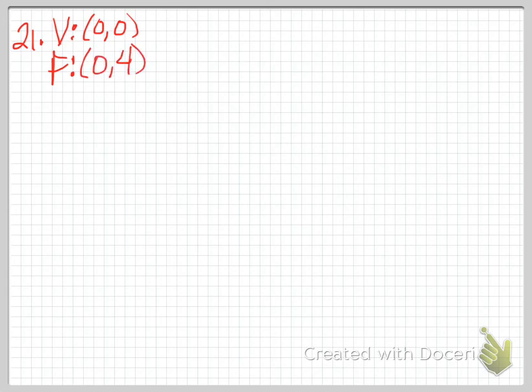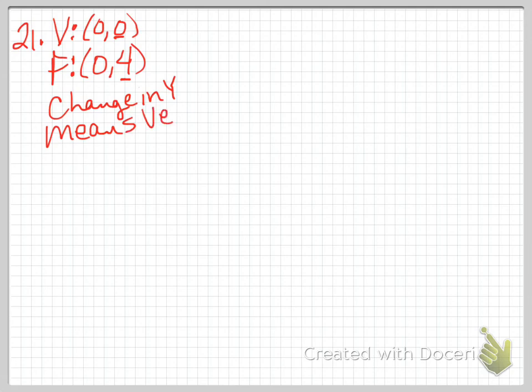Now we look at this and we have the change in our y. That means if there's a change in the y, change in y means that we have a vertical graph.